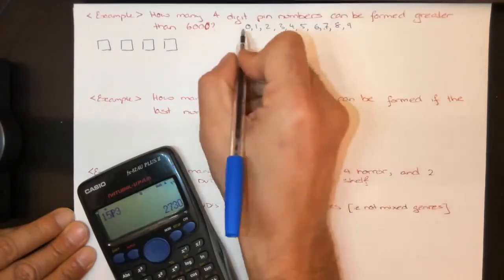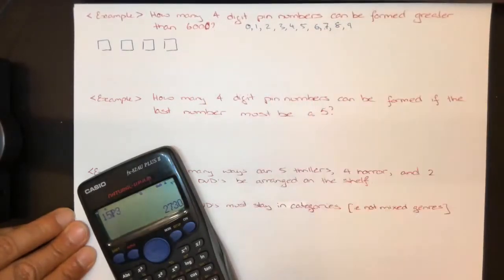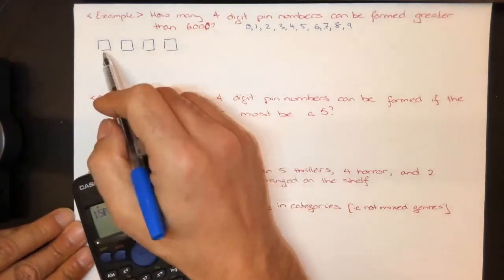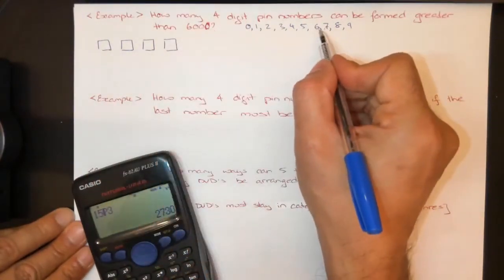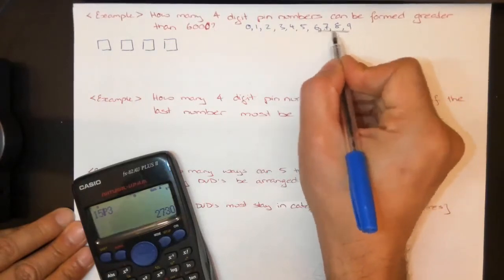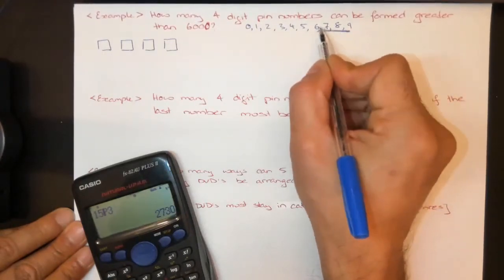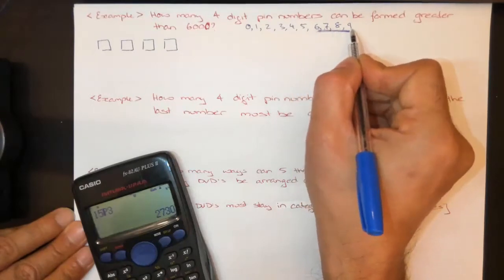So there are currently 10 different options. If we want the number greater than 6,000, it means that we have 4 possible situations for the first number. So we're going to either start with a 6, 7, 8, or 9.